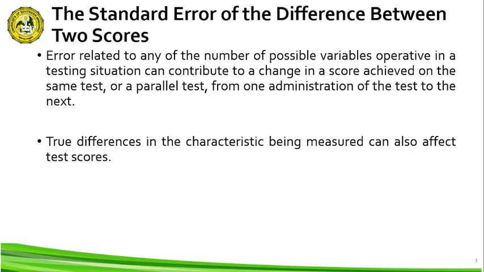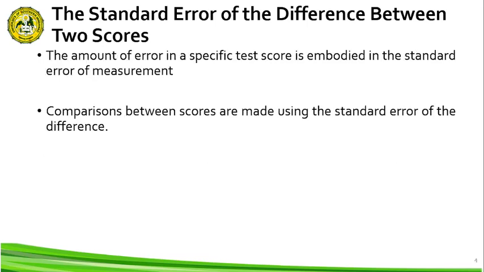These differences may be of great interest, as in the case of a personnel officer who must decide which of many applicants to hire. Indeed, such differences may be hoped for, as in the case of psychotherapy researchers who hope to prove the effectiveness of a particular approach in therapy.